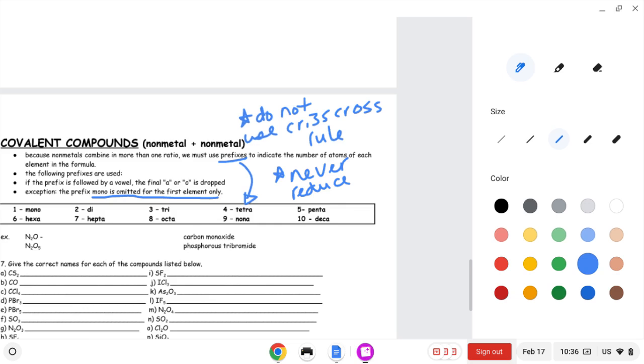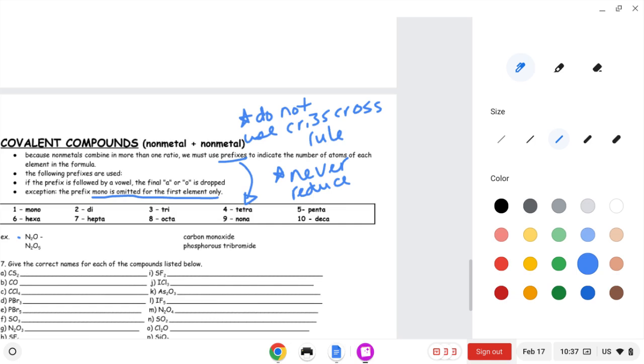So let's go through, and there's 4 examples here. I'm going to name or come up with the formula for each of these. Let's deal with this one first. N2O. Nitrogen and oxygen are listed on your periodic table, and you should see that those are nonmetals. So we're going to use covalent nomenclature, which is using prefixes.